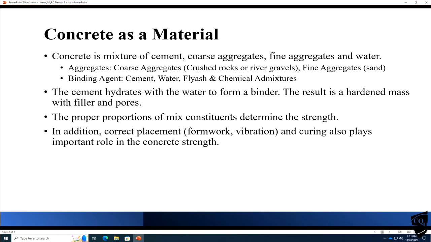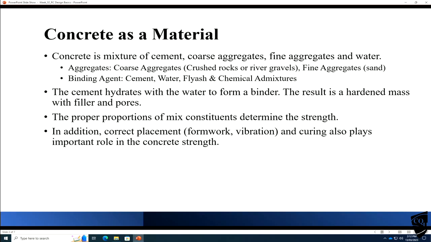In addition to the concrete mix design, we should follow the correct procedure for the concrete placement. It includes formwork and vibrations.